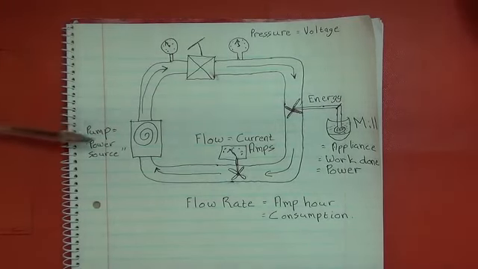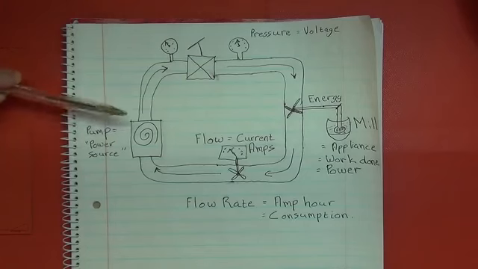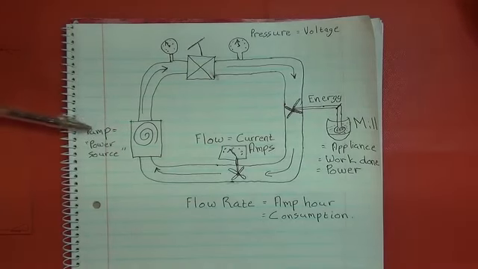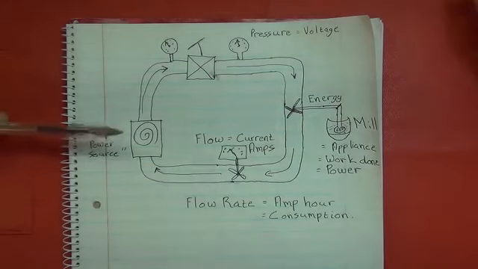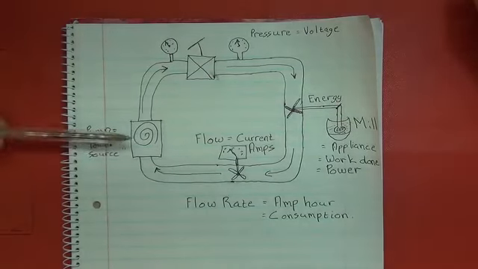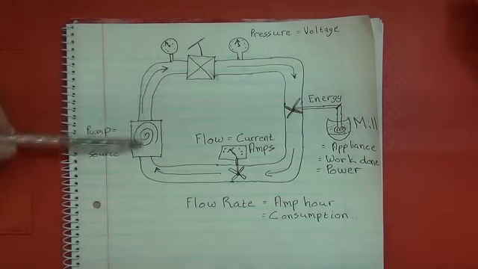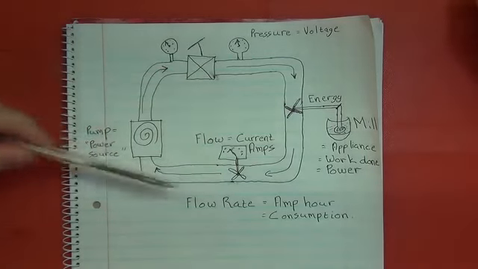Now over here you'll note, if we relate this to an electrical circuit, the pump is in essence our power source. I've got power source in inverted commas, because ultimately, if we talk about the science of electricity, you can't really create or destroy energy. So it's not a source per se, but it is the piece that actually generates the flow of energy in our circuit.